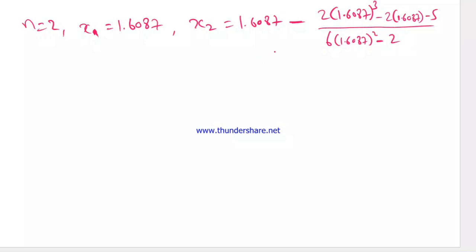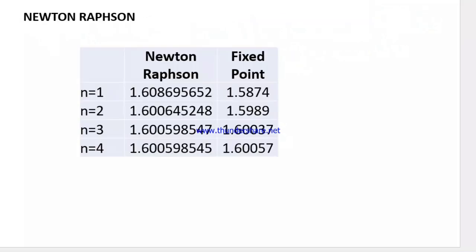When we compute that, we get x2 equals 1.664. If you continue like that, we are going to have this kind of iteration.